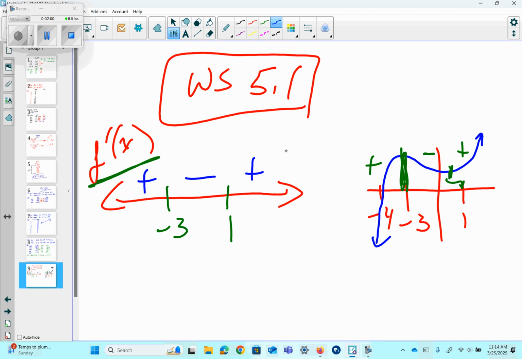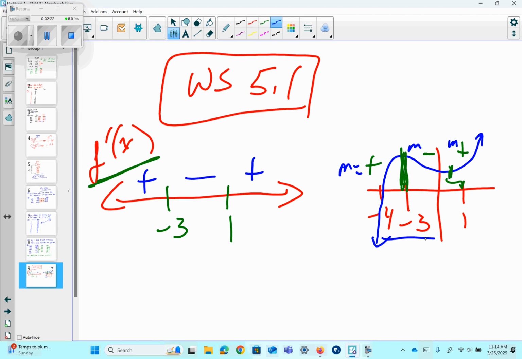So does that make sense, friends, how we did the F prime chart? So remember the F chart, which we don't use too often, the F chart is just basically where it's above or below the x-axis for the positive and negative. The F prime chart is dealing with the slope. So the slope here is positive, the slope here is negative, slope here is positive.